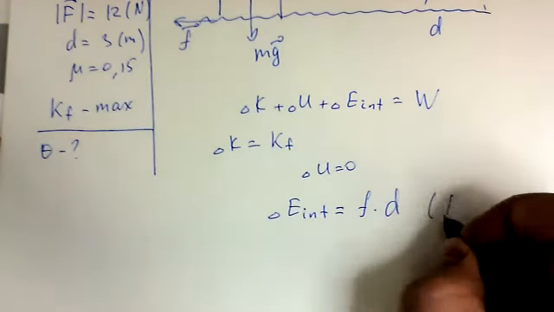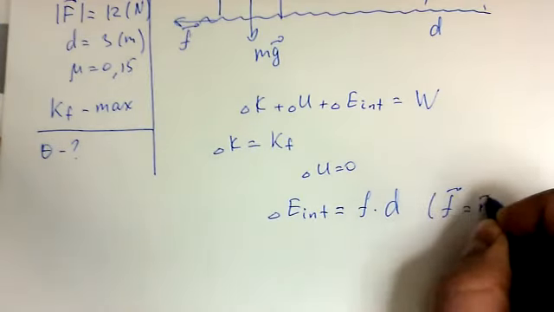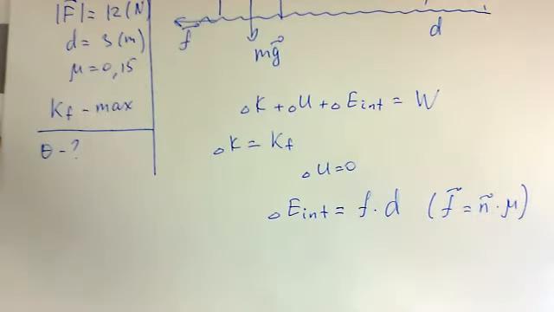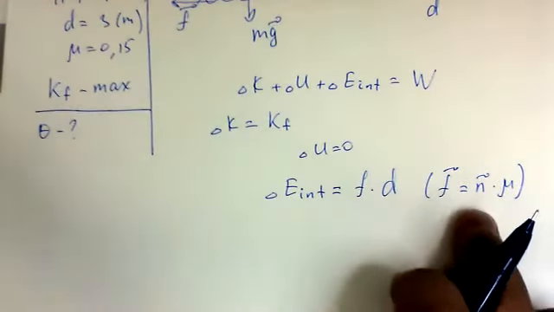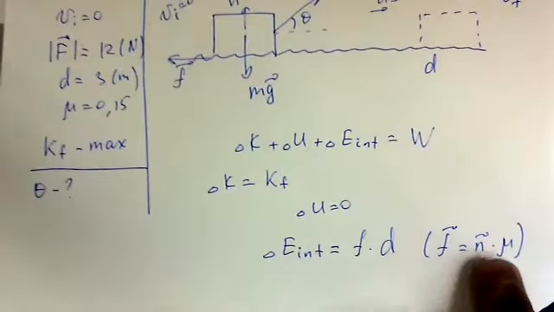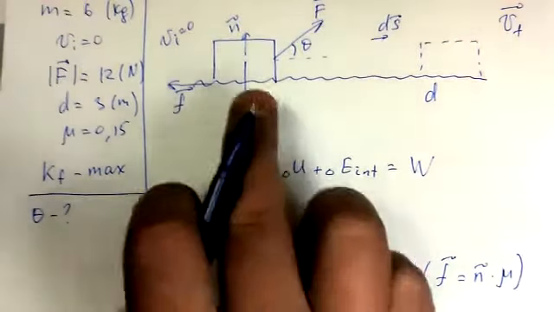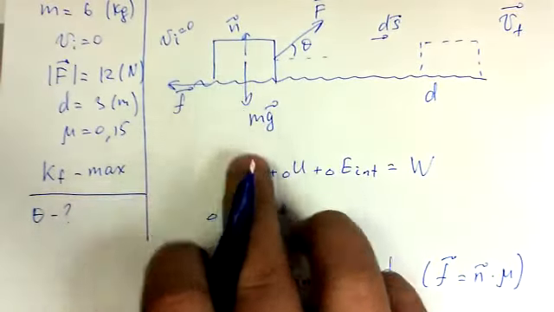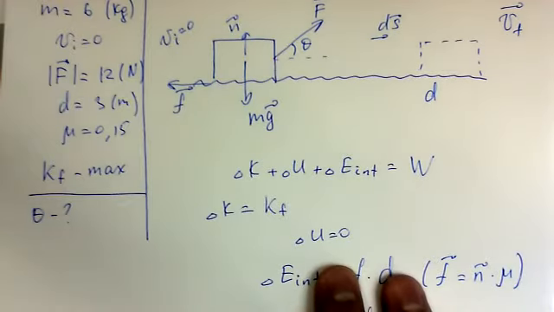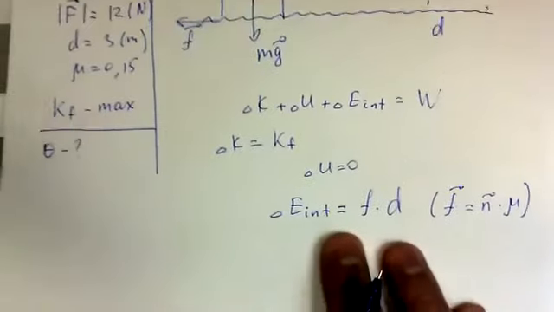And friction force equals the normal force times the coefficient of friction. What can we say about the normal force in this problem? Now it is not equal to mg. Yes, it is smaller. Why?